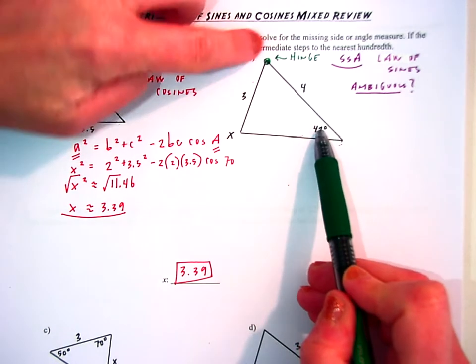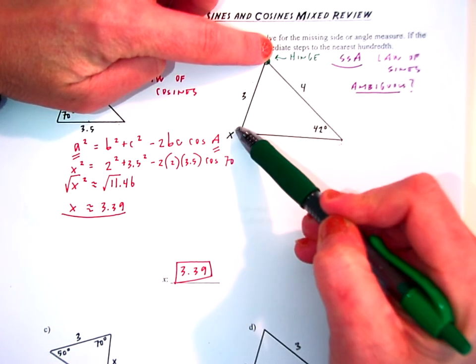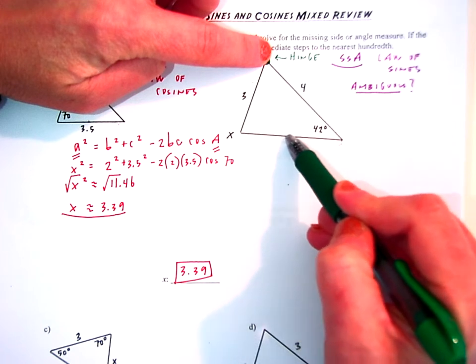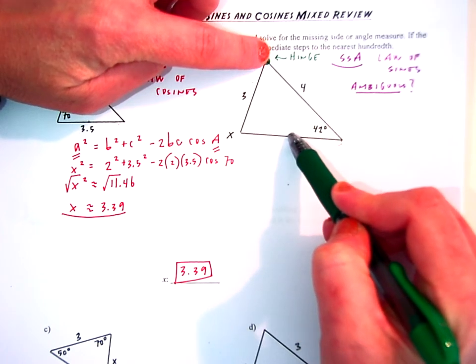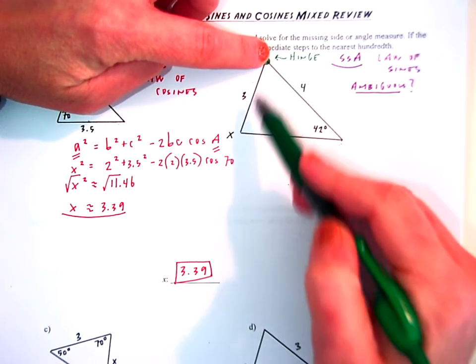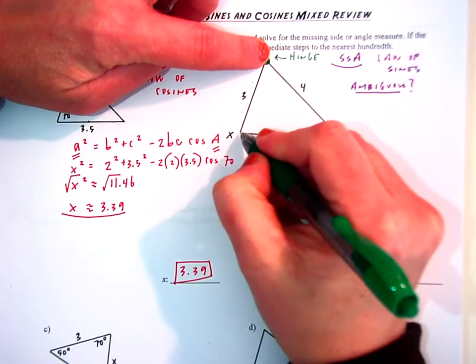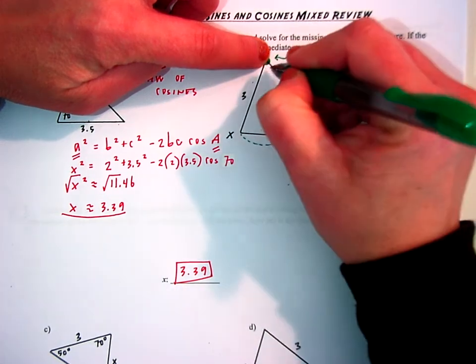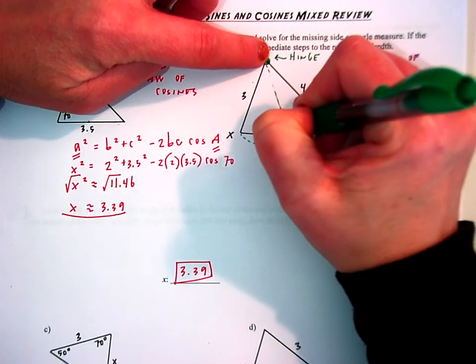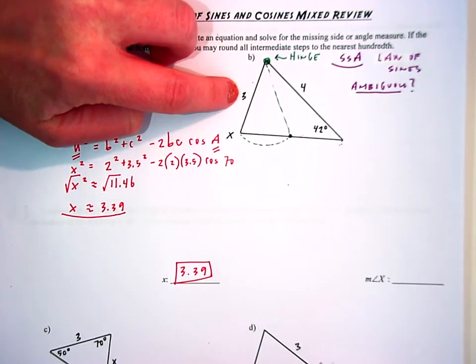So I have to look at this side that's 3. And I have to think, well, does it have room to swing into an alternate location? You saw me do this with a compass. So I had my needle here, pencil here, and I could swing into a second location right about here. Right? It would start here, overshoot, make this little arc until it connects to about right here. So we see that there is room to swing into that second position because the 3 is small enough to do so.